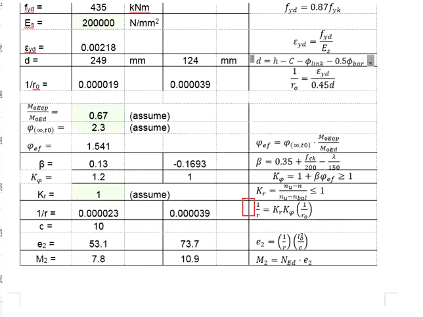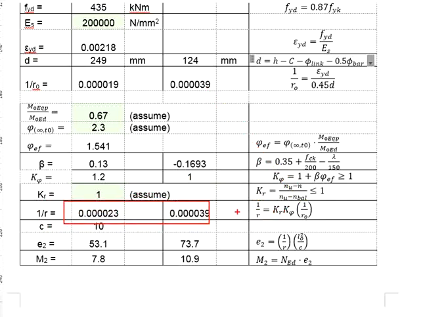Next is for us to get the curvature 1 per R ratio, which is calculated from the curvature times the creep ratio times the KR. That gives you this value. You will do the same for the minor axis: 1 per R0 times the creep ratio times the Kr.